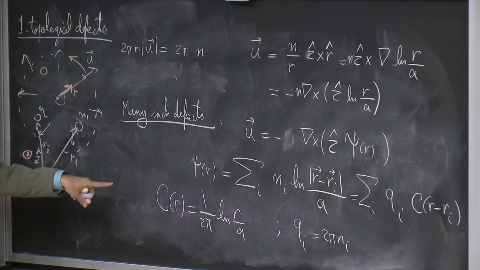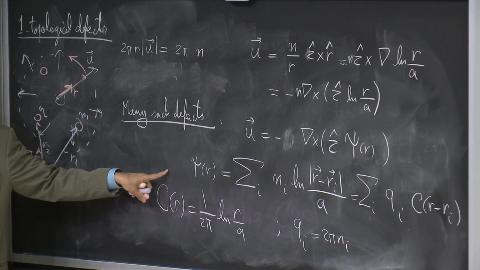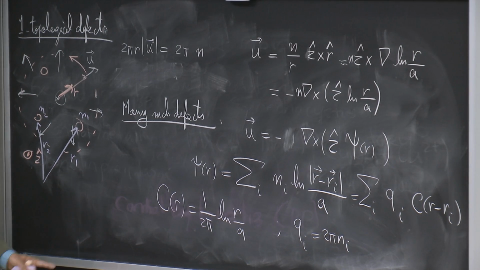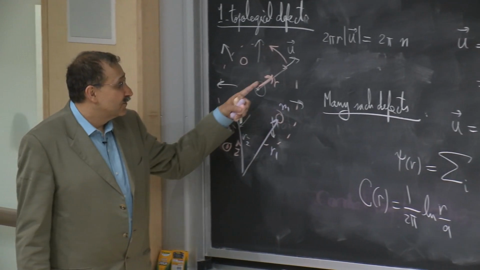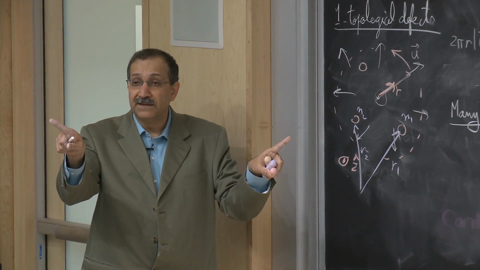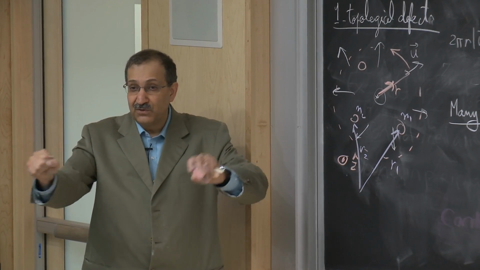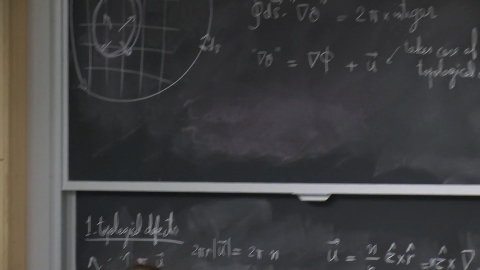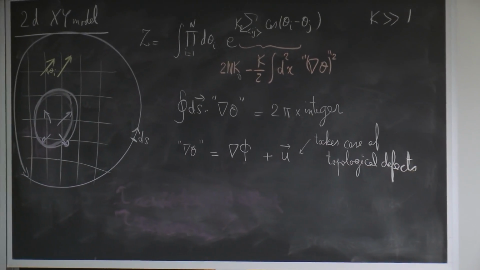And actually, what I calculated over here was the configuration of spins given that there is a topological defect that has the lowest energy. Once I start with this configuration, let's say with everybody radiating out, I can start to distort them a little bit, which amounts to adding this gradient of phi to them.